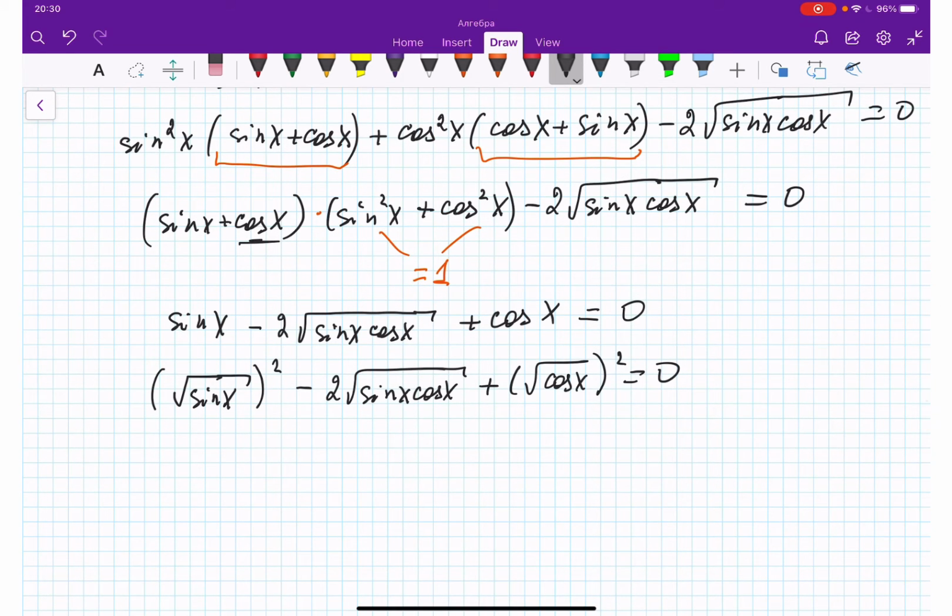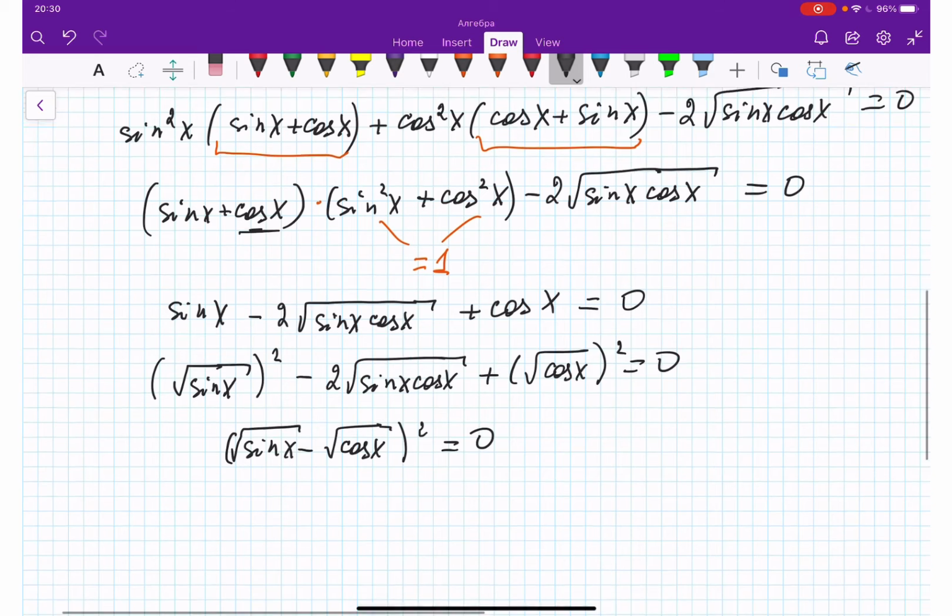This is giving us the formula for a perfect square, and that is going to be equal to square root of sine x minus square root of cosine x, squared, equal to 0.